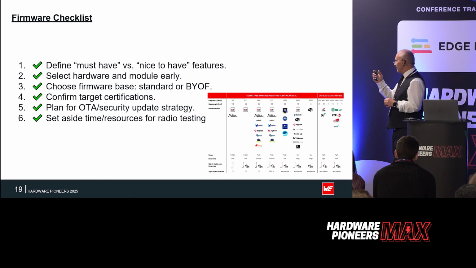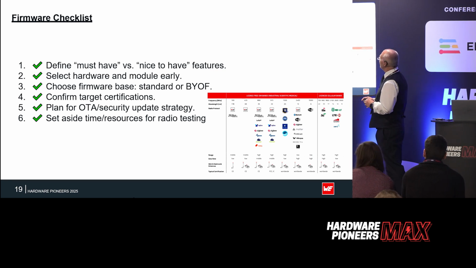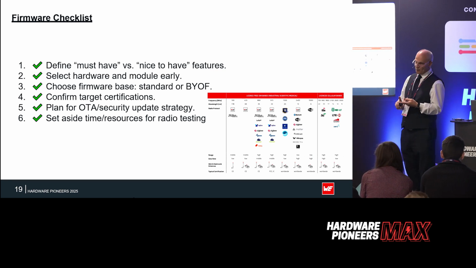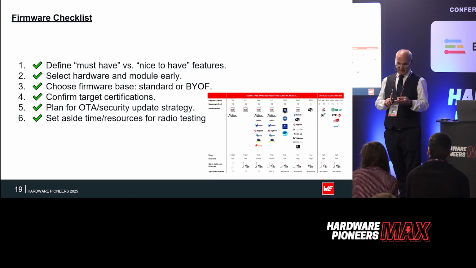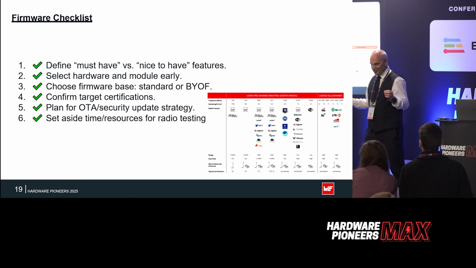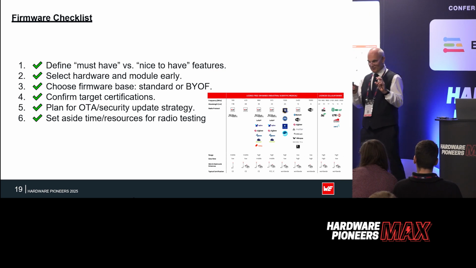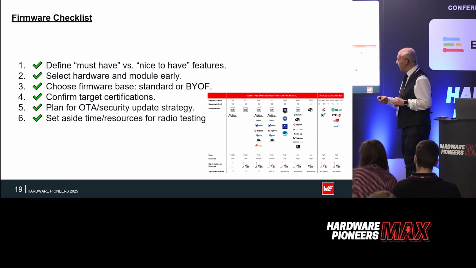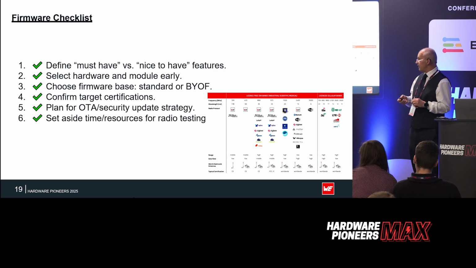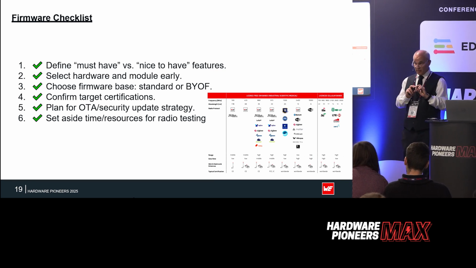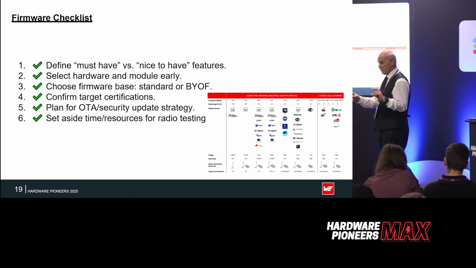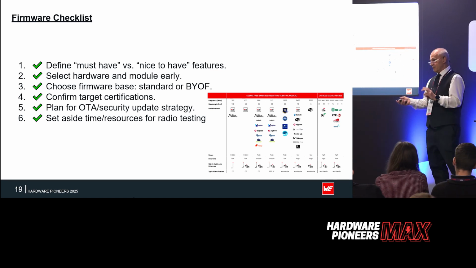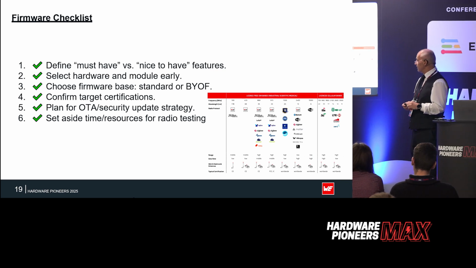So let's go through this checklist. We need to define what the project's going to have. Does it really need to have this extra function that the boss has just walked in with? So tie it down. If you can get away with selecting your hardware early, so I want to use this protocol, or I want to use Bluetooth Low Energy as opposed to Bluetooth Classic, it's better to tie that in first.